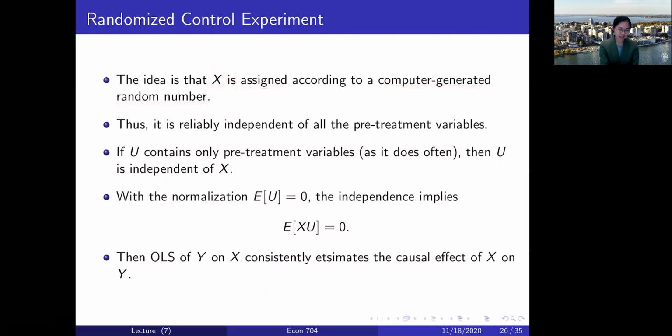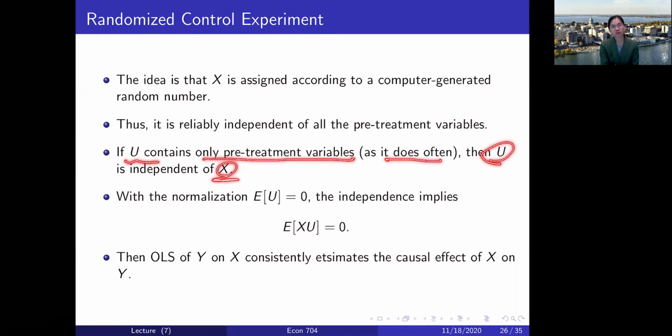And therefore, X is reliably independent of all the pre-treatment variables. And suppose U contains only pre-treatment variables, as it often does, then U must be independent of the treatment.